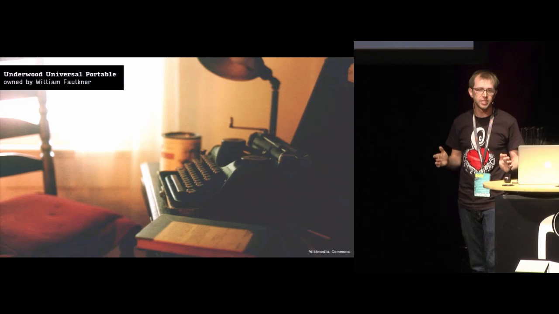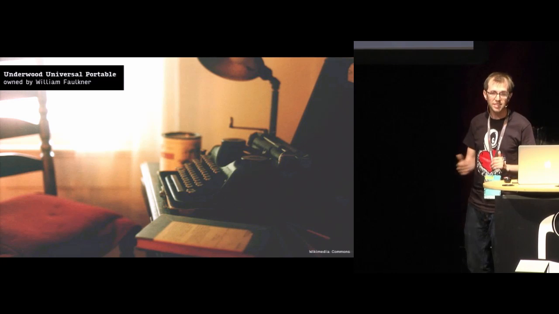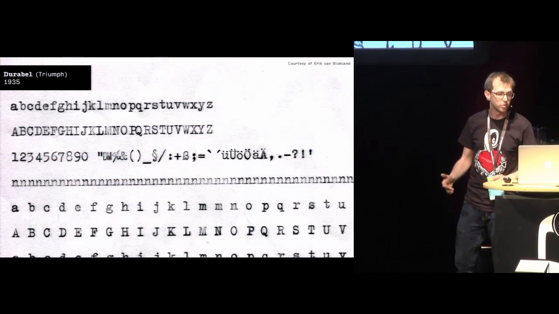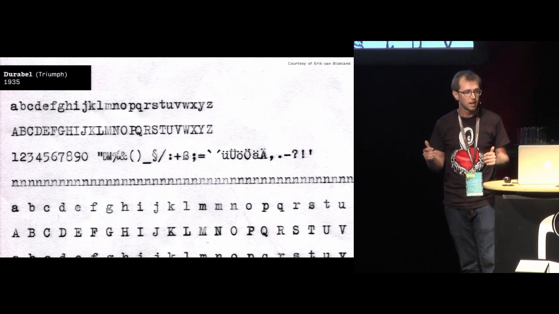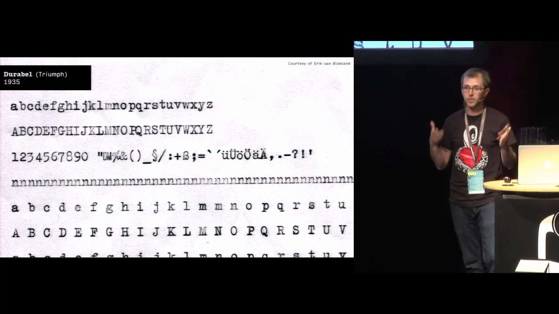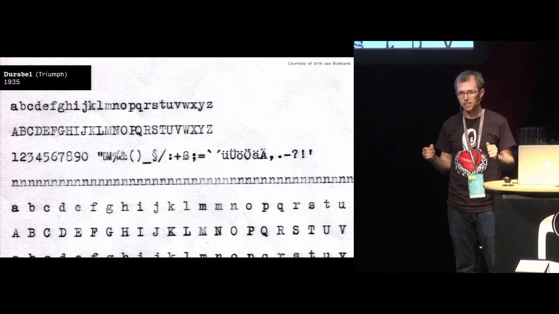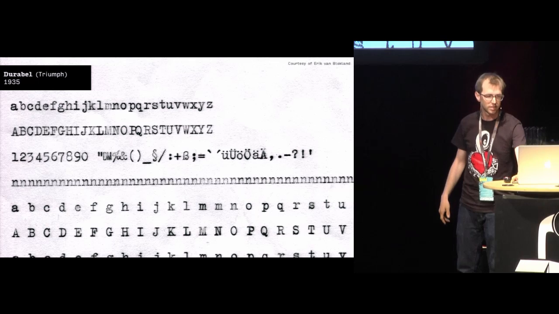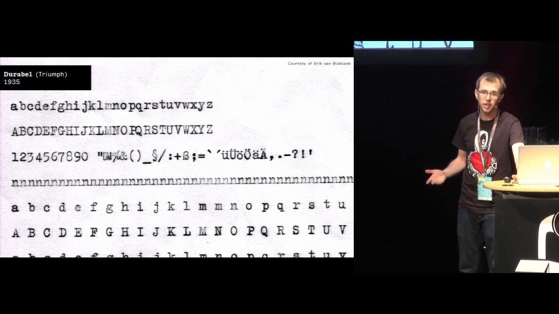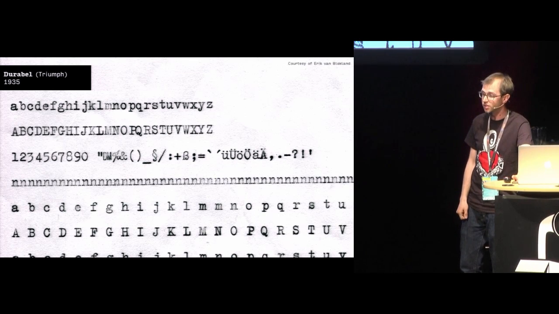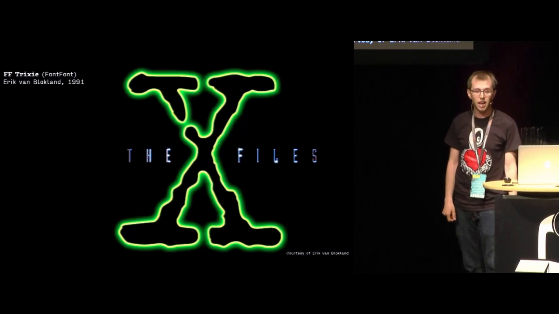But that was characteristic of early typewriter fonts: all caps, as simple as possible. As the typewriter evolved, we started to get shift keys that allowed lowercase. But still, that very simplified letter and the fixed width remained. This was actually the source for one of the more famous digital typefaces, FF Trixie.